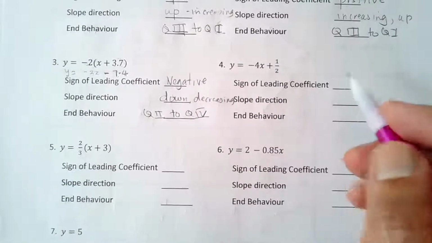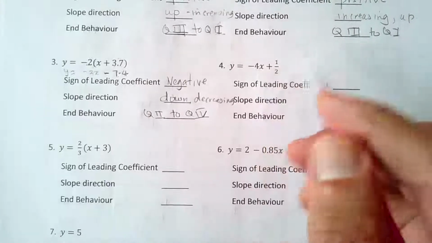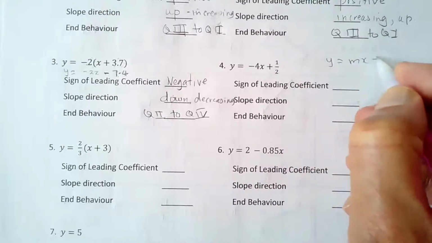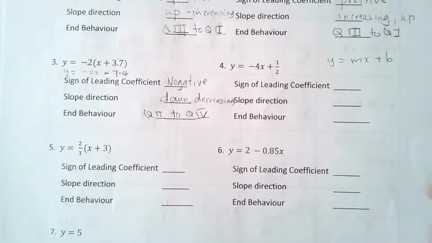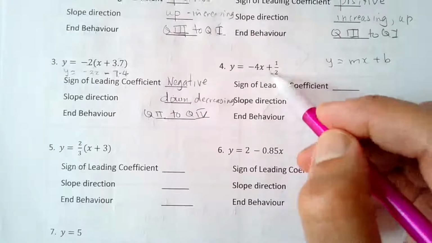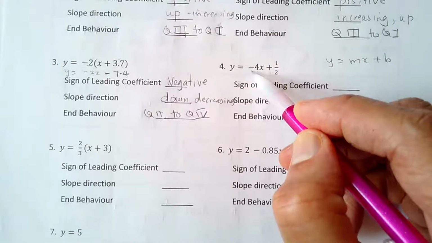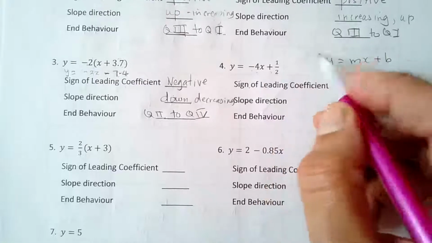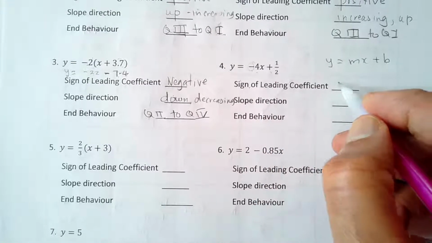Okay, let's move on to the next one here. The leading coefficient, now it's written as, remember, y equals mx plus b. This is your y-intercept, you tell it right away, and that's your slope. Slope is negative 4. The sign of the leading coefficient is negative, the negative in front here.